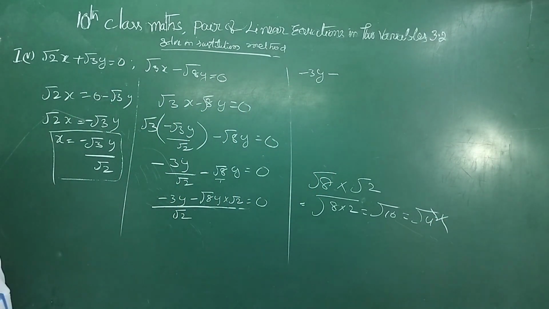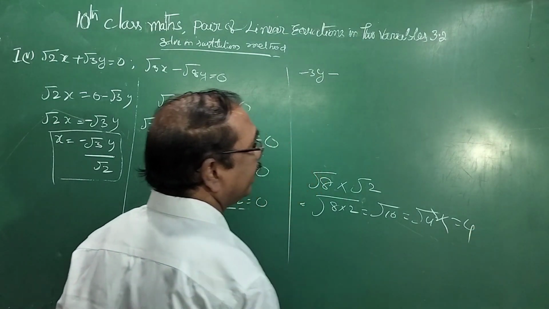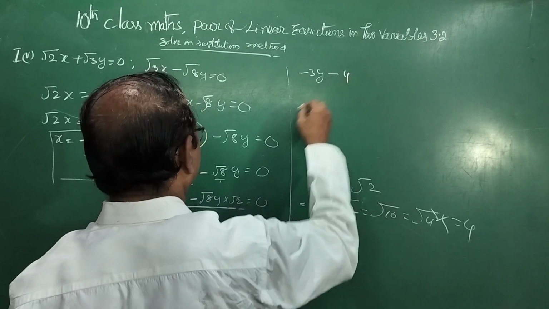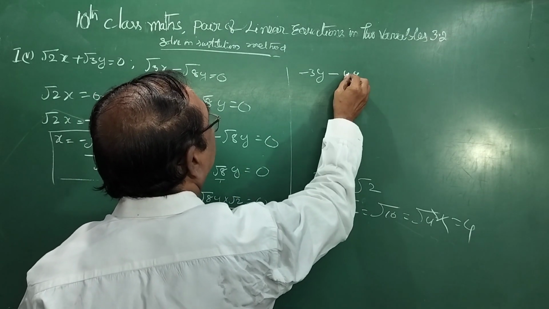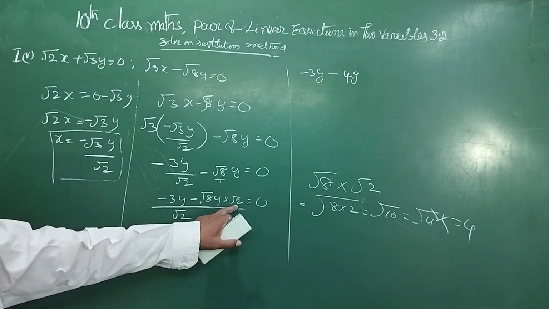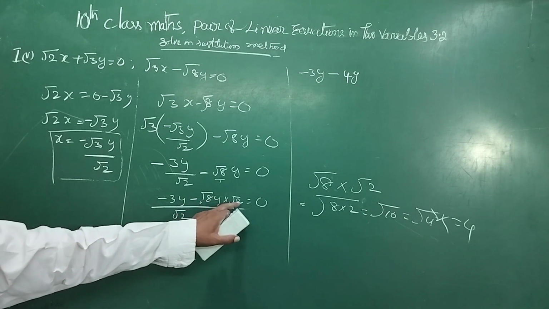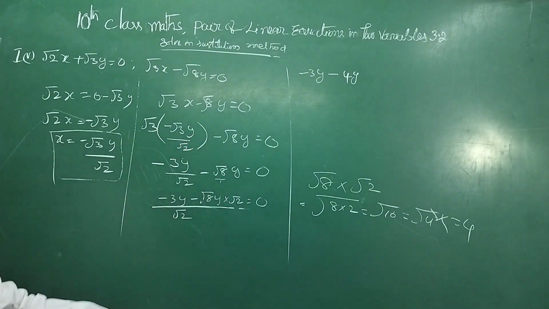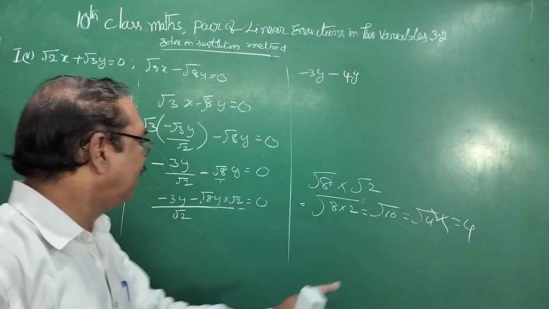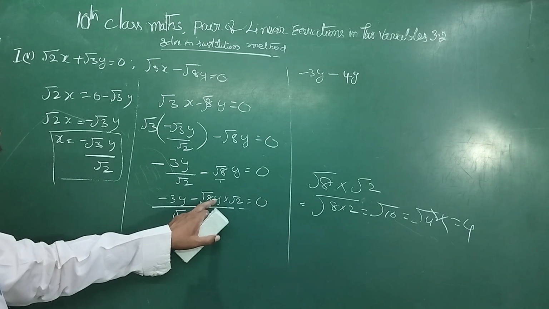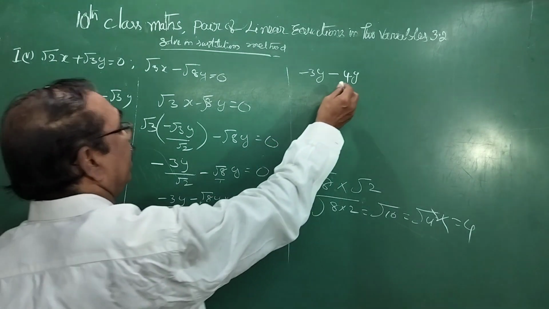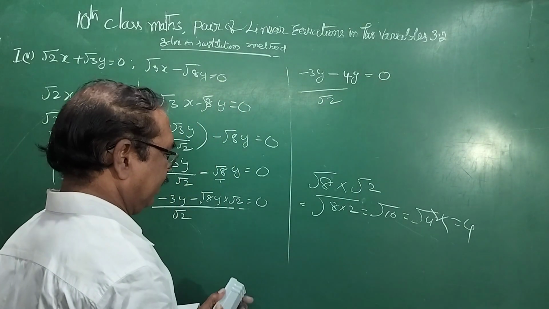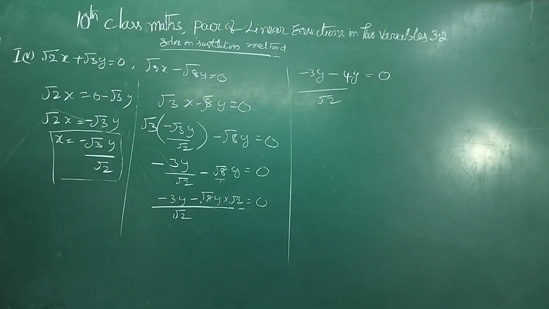Square and root cancel, and 4 remains, and y is there. That means 4y. So when root 8 and root 2 are multiplied, we get root 16, which is 4, and 4y remains, over root 2, is equal to 0.